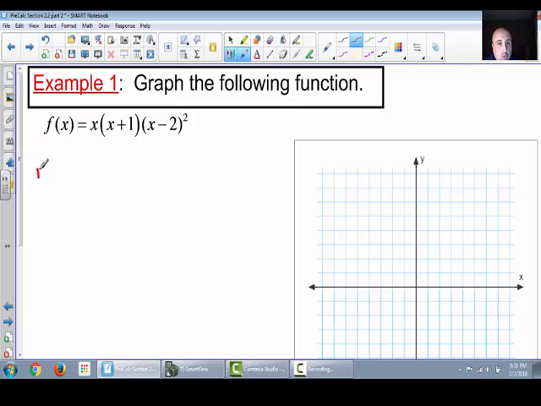Step 1 is to do the leading term. So the leading term is x times x times x with this power of 2, so x squared. So x times x times x squared is 1x to the 4th. So we have a positive a value and an even exponent.